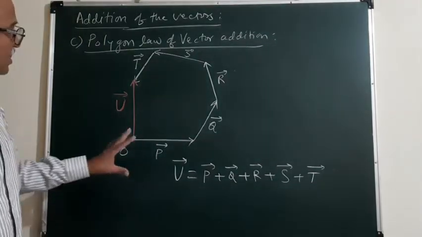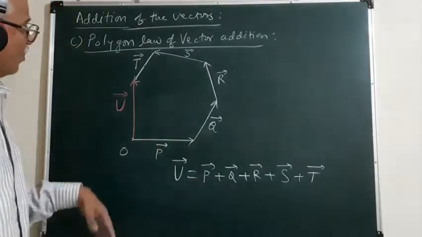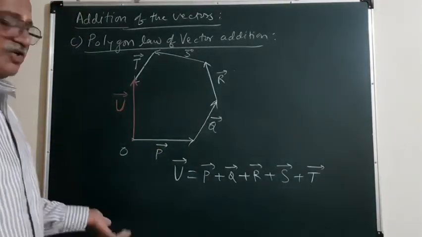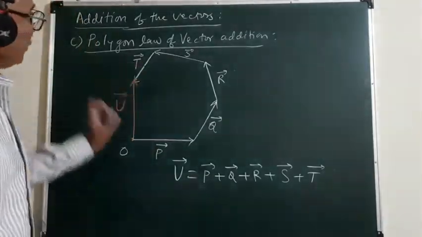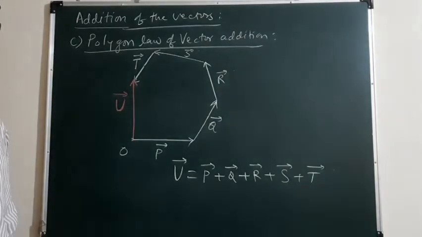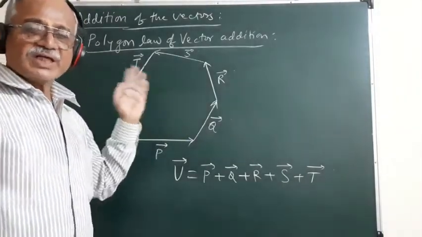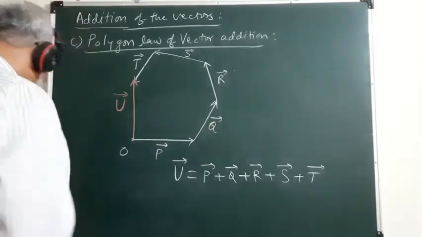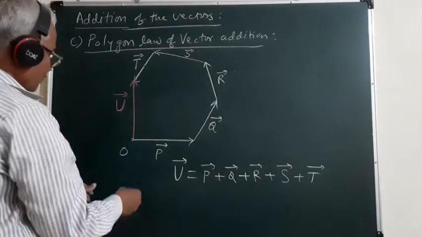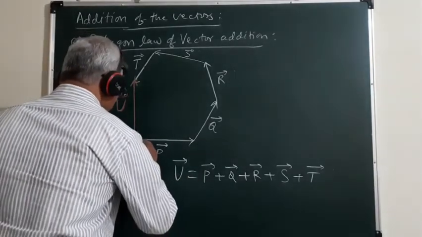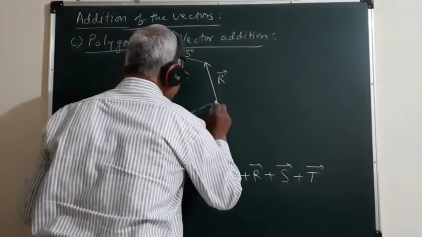So this is how we can make use of the polygon law of vector addition for performing the addition of a number of vectors. This polygon law is nothing but the repeated application of the triangle law of vector addition. How? Let us see. Suppose we draw starting from the first vector to the end point of the second vector like this.